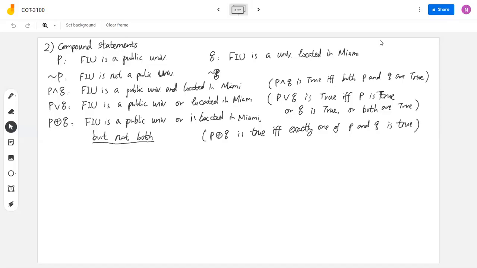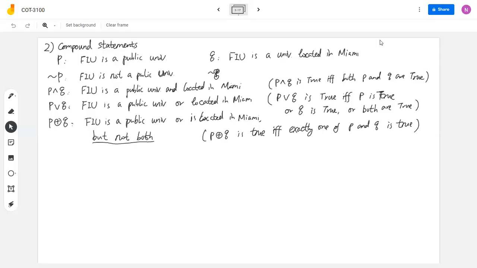So you may wonder why we care about such operations. We are going to see that exclusive OR is very useful. But at this moment, let me give an example. Suppose FIU can get a grant if P XOR Q is true, just because it can get a grant if it's a public university, or if it's a university in Miami.